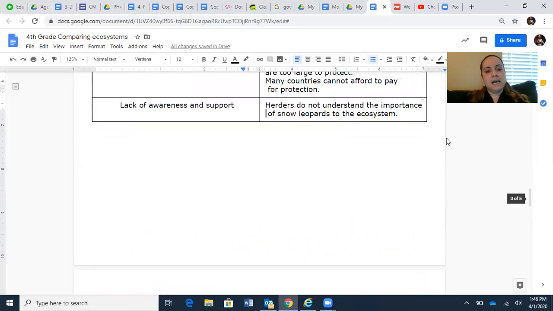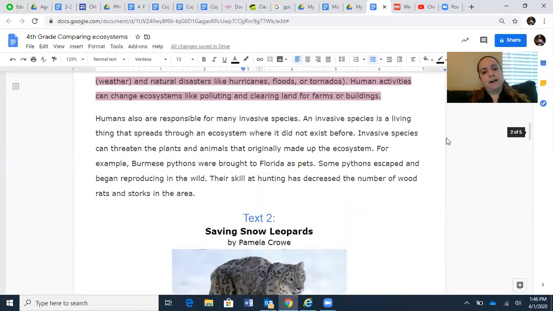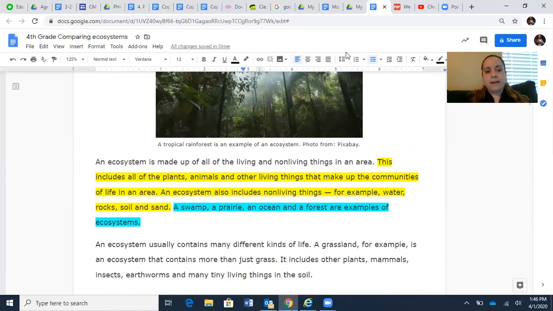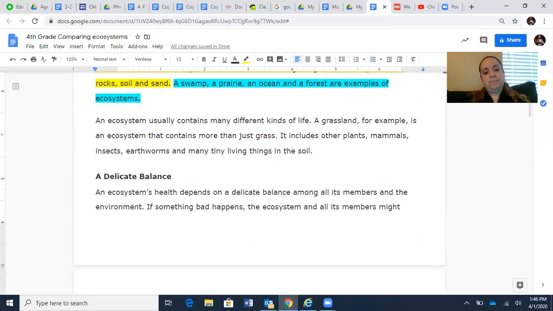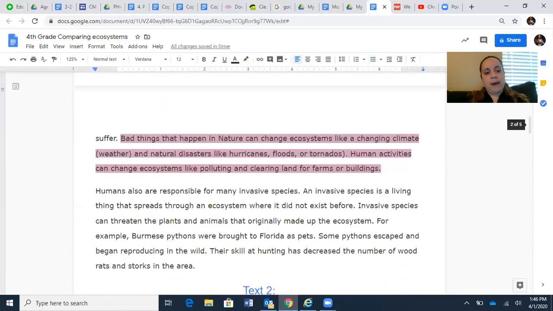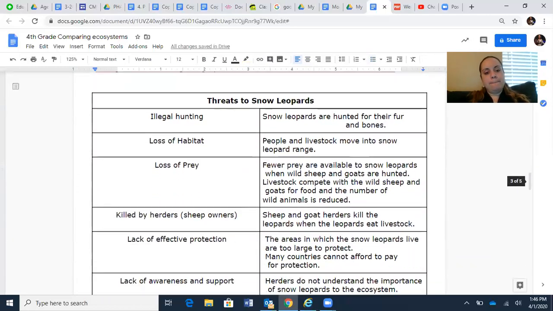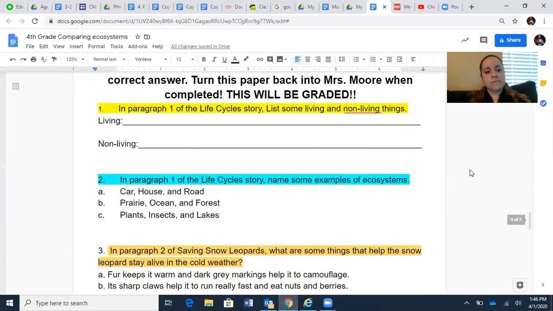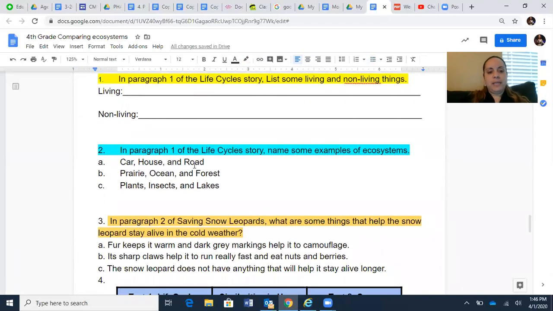Let's go back to the top, see if we can find that color. There it is. I see the word living and I see the word non-living. So that's where my answer is going to be. All right, let's go back to question number 2. Question number 2. In paragraph 1 of the life cycle story, oh, that's the same thing as up here.